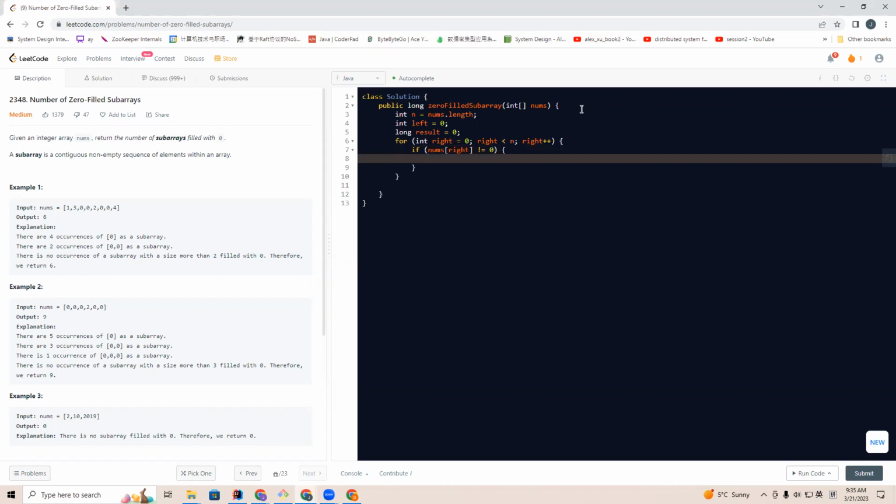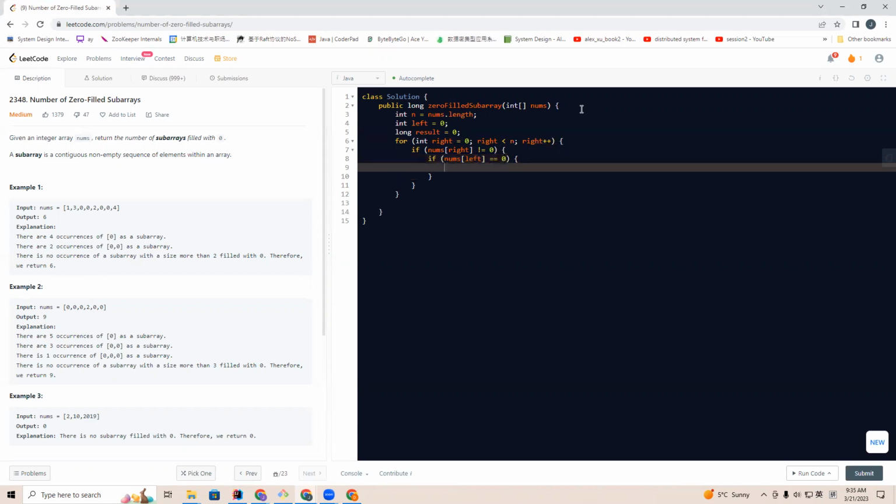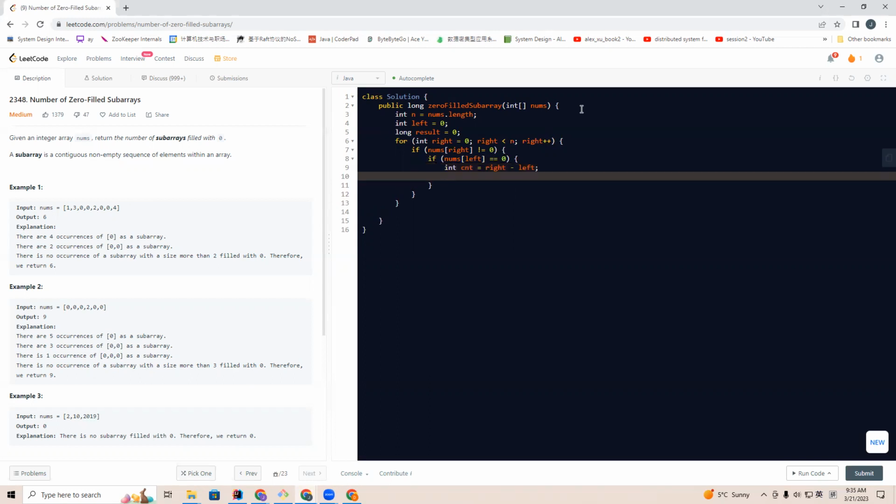If nums[left] equals 0, that means we find our range. Then we'll have int count equals right minus left. In this case, we'll have result plus equal to long count multiplied by count plus 1 divided by 2, right?